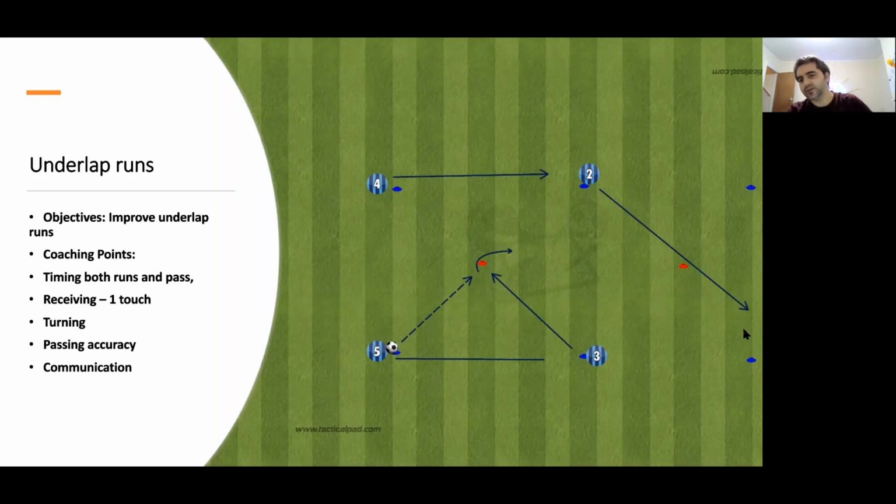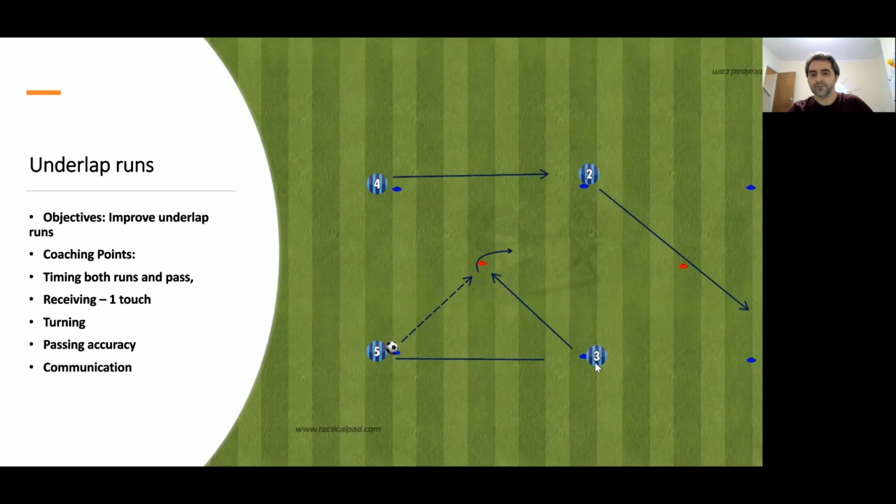Then number 2 makes his underlap run, and number 4 makes his support run, and number 3 releases the ball to number 2, and when number 2 receives the ball, he will pass it to number 4, and the game will continue to the backside. So this will continue like a round.